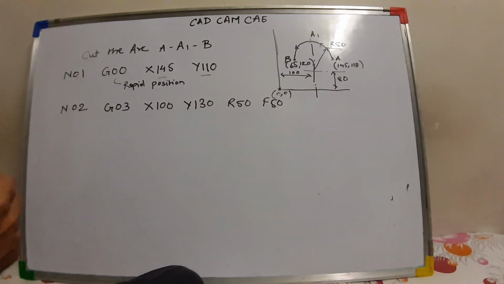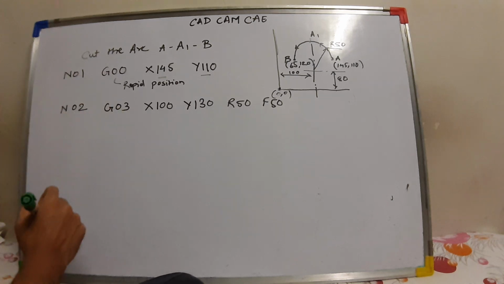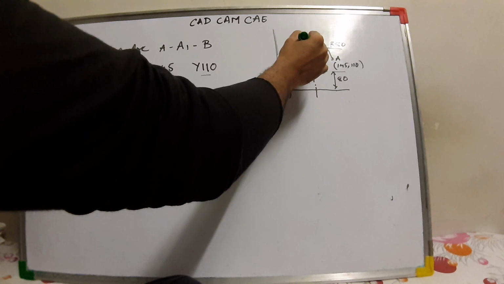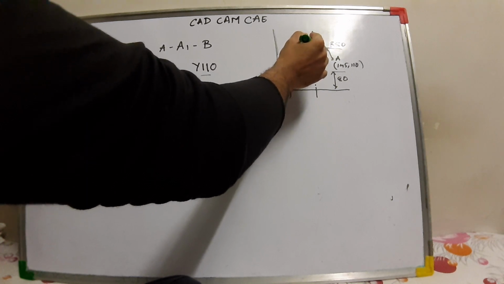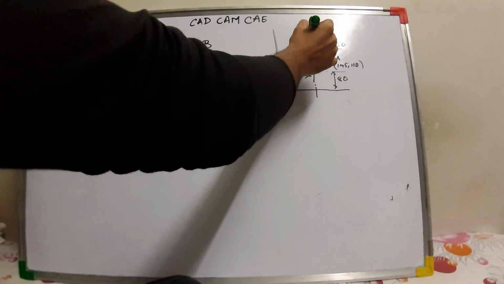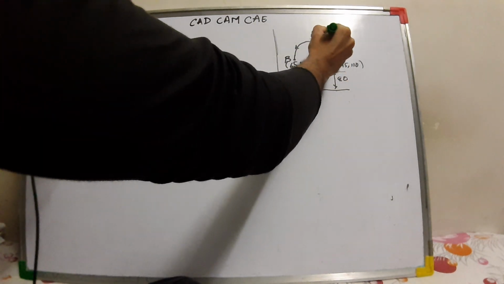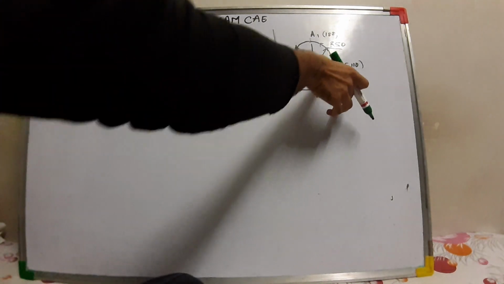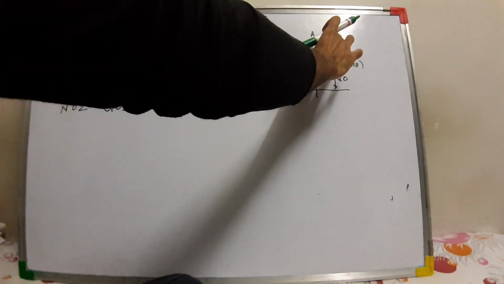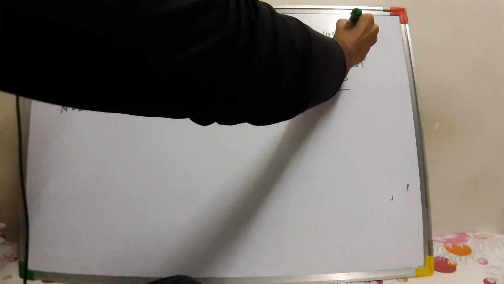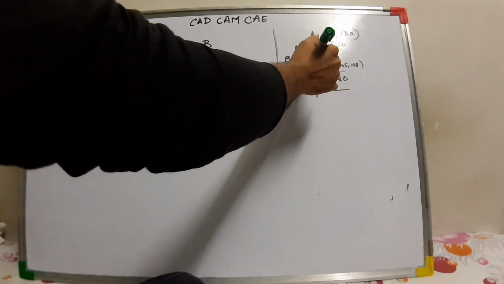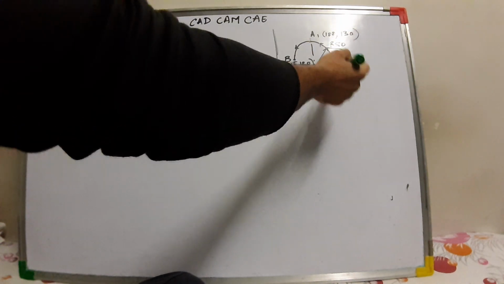When your cutting tool is at A, it is supposed to travel to A dash. What is the position of A dash? X is 100 and Y is 80 plus 50, because the radius is 50, so the sum will be 130.